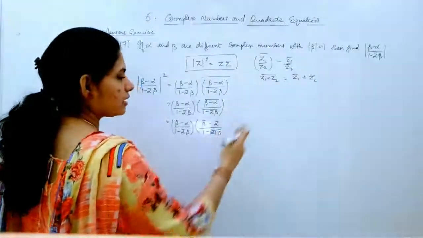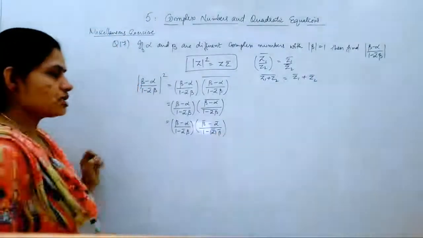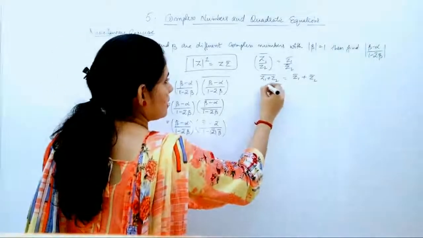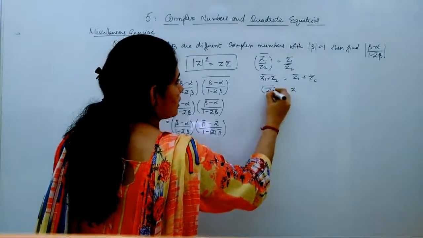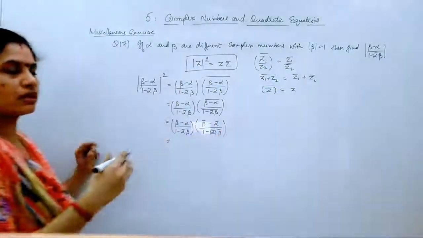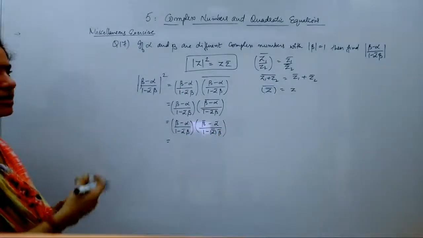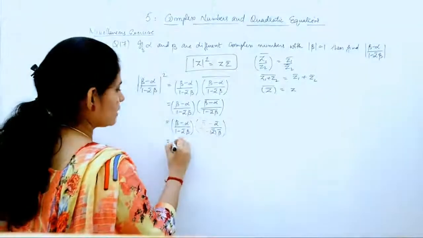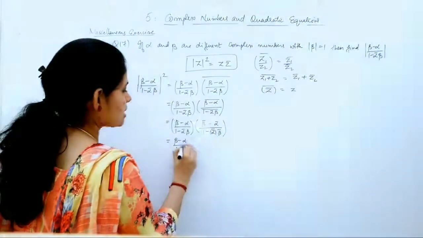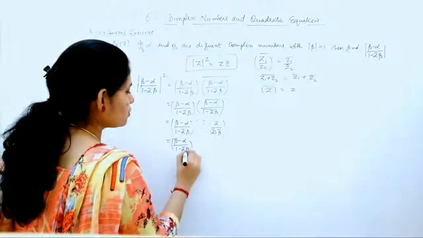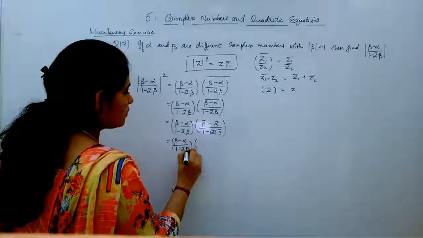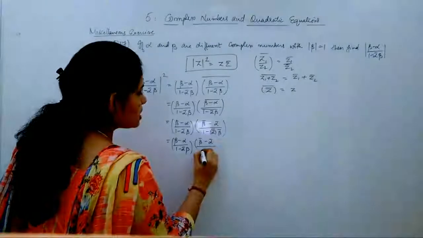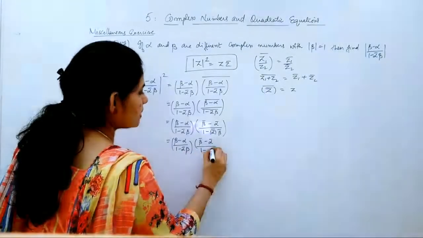So separately we are just giving the conjugate to each term. Okay. Now again you have the property z bar, the whole bar is equal to z. That is conjugate of a complex number is the complex number itself. So here you will get alpha, that is beta minus alpha by 1 minus alpha bar beta into beta bar minus alpha bar divided by 1 minus alpha beta bar.